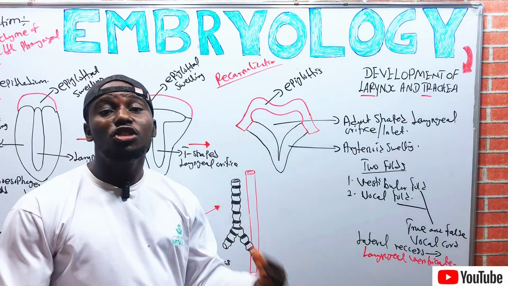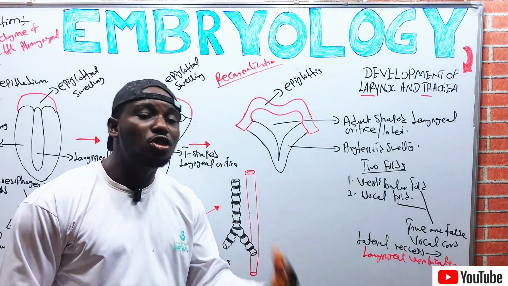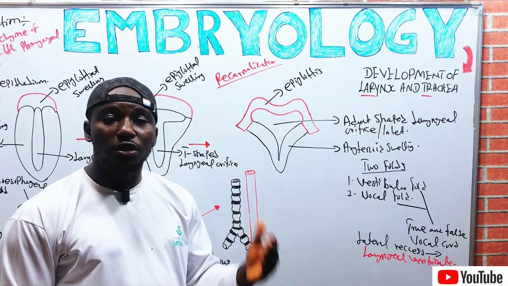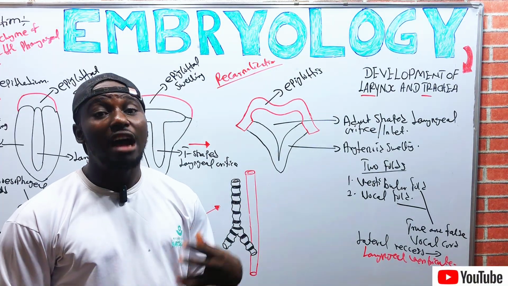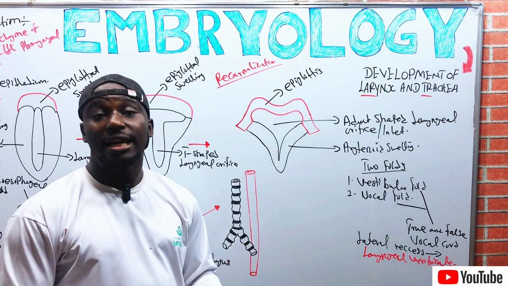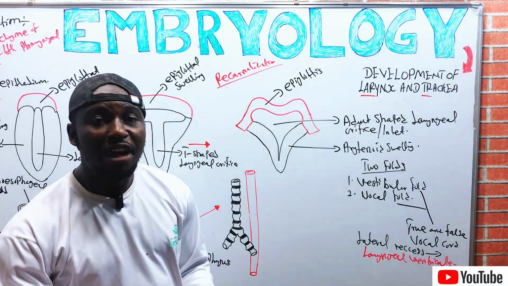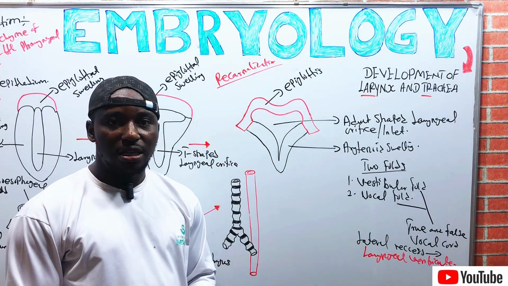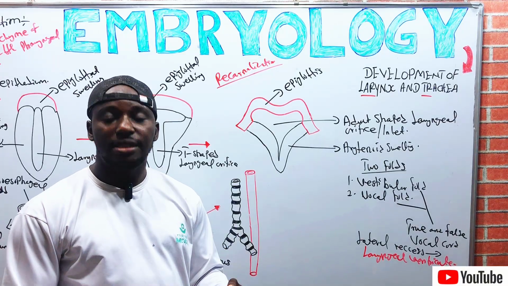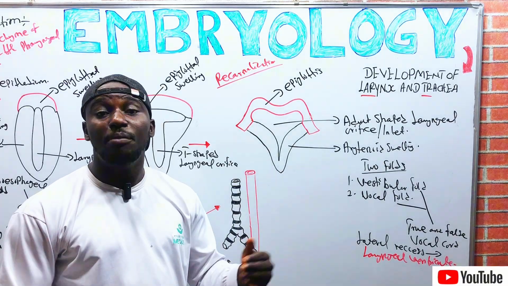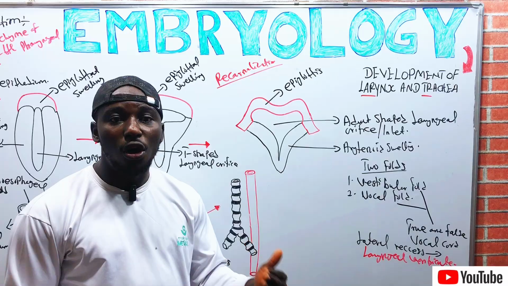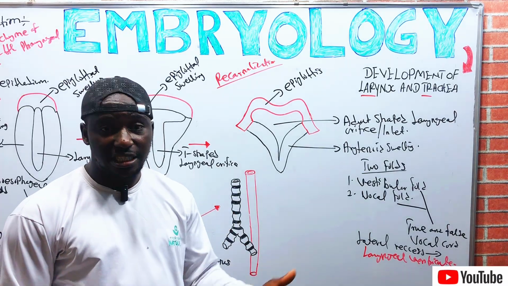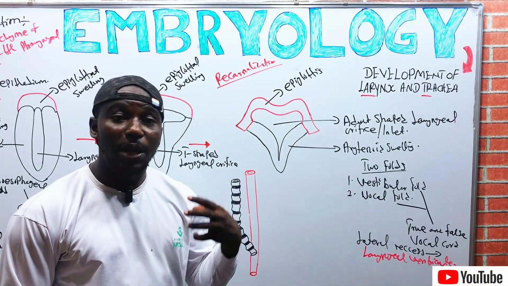However, the muscles of the larynx develop from the mesoderm of the fourth and sixth pharyngeal arch, derived from the neural crest cell. Therefore, the nerve supply is derived from the nerve to the fourth arch, called the superior laryngeal nerve, and also the nerve to the sixth arch, called the recurrent laryngeal nerve, right?